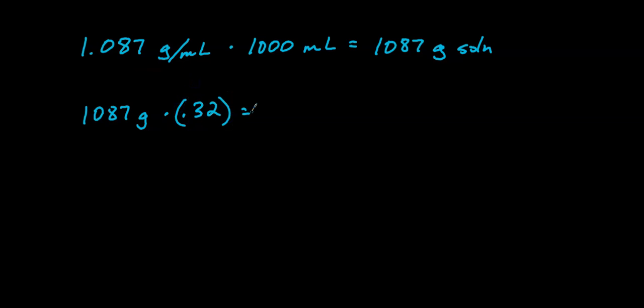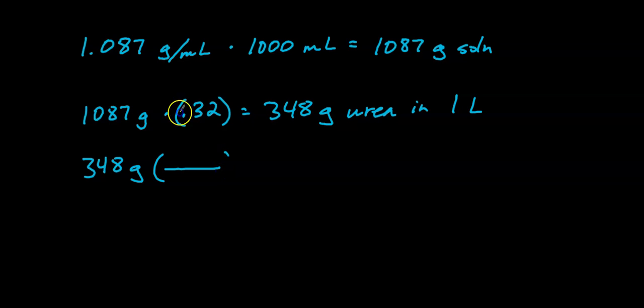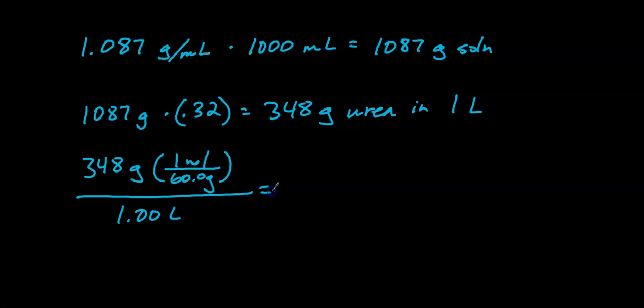And that'll give us the mass of urea in 1,000 milliliters, or in 1 liter. And then we'll take that mass and convert to moles. And that is per our 1 liter. Get a concentration of 5.80 molar.